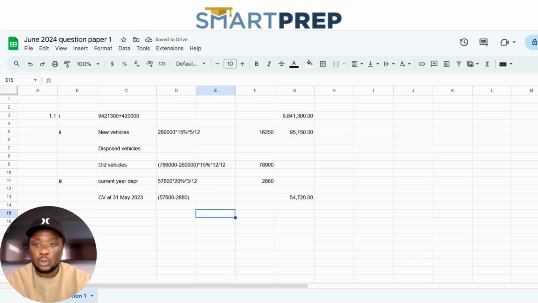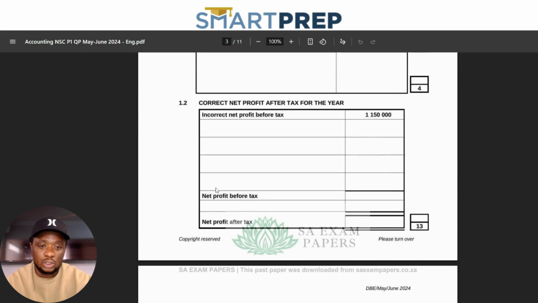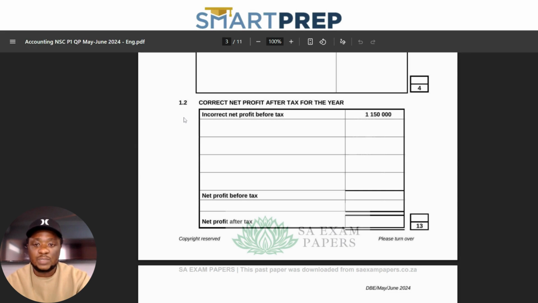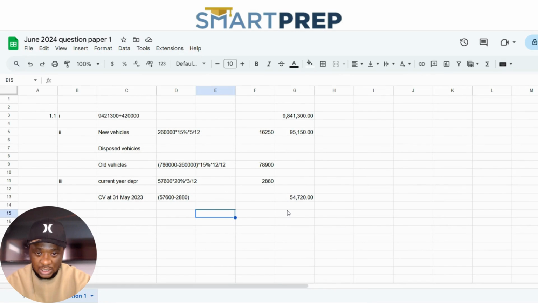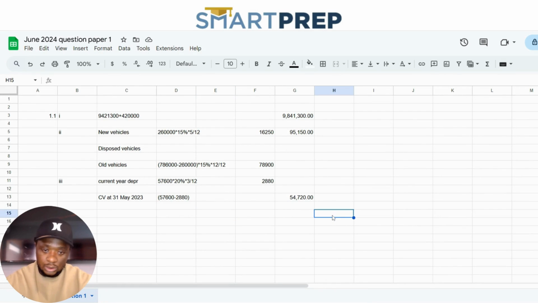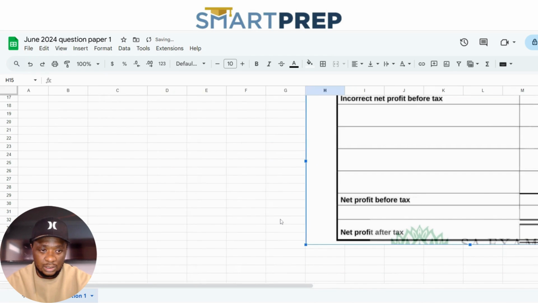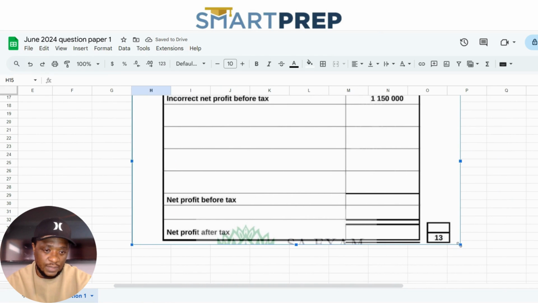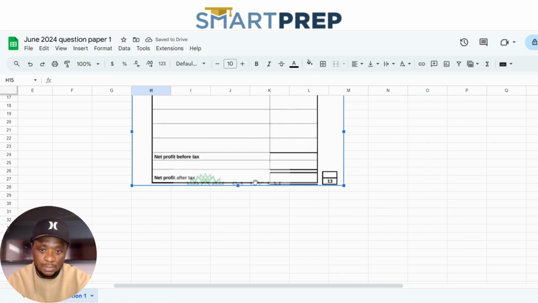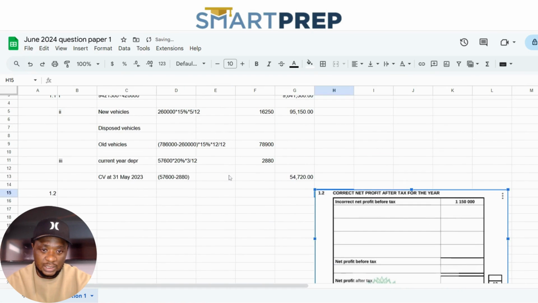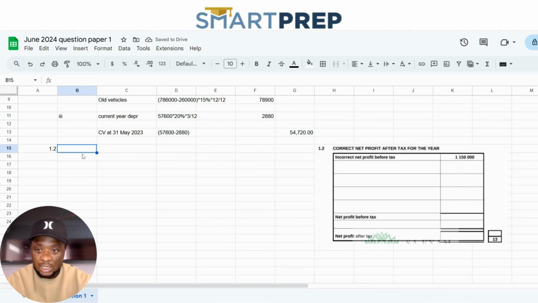All right, so next question, just want to show here that we are working out the correct net profit. And this is basically the structure. So what I'll do is I will just take this and put it here, so that I don't have to refer back to the answer sheet as much, and I can just take this information as is.